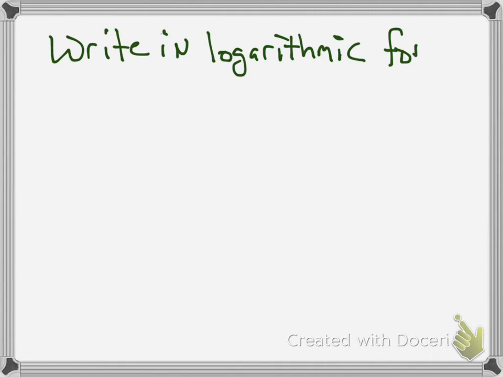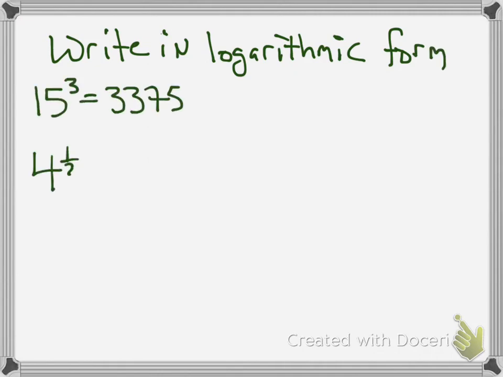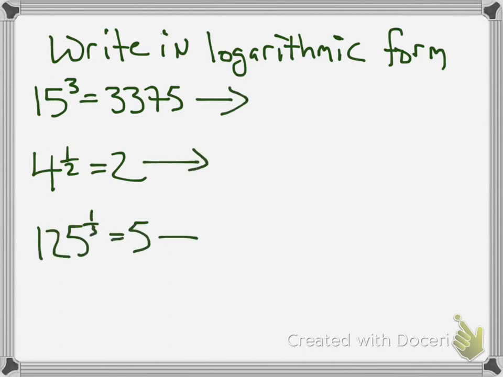Okay, so now let's go the other way. Let's write these in log form. We're going to give you some exponential functions and try to write them into log form. Again, keep in mind that the base is going to be the little number next to the word log, and the exponent is going to become the answer, and the answer is going to be next to the base.